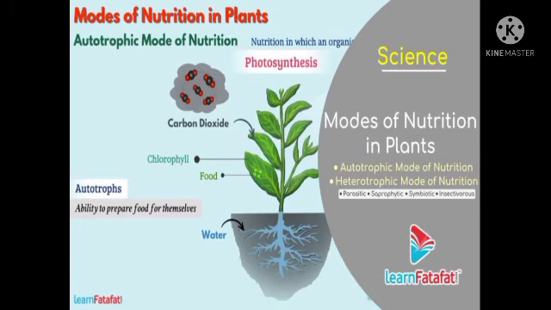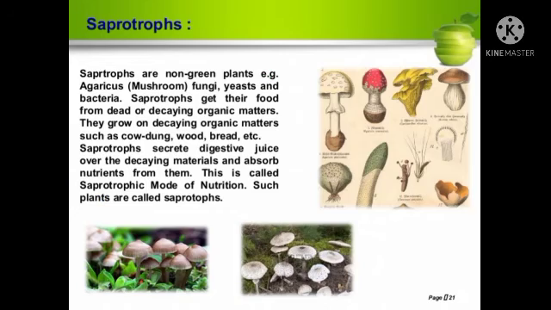Here comes the picture of the first mode of nutrition, which was in plants, and it was autotrophic mode of nutrition. The next picture is about saprophytic nutrition, which is done by fungi, which live and feed on dead organic matter and are known as saprophytes. This was the second mode of nutrition.